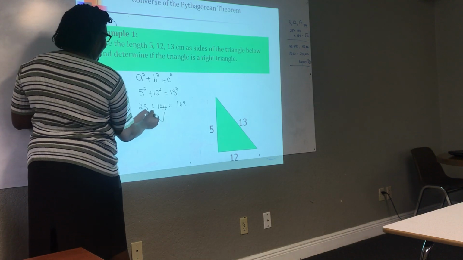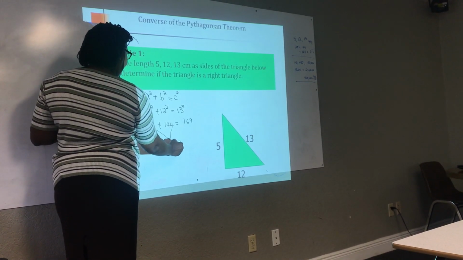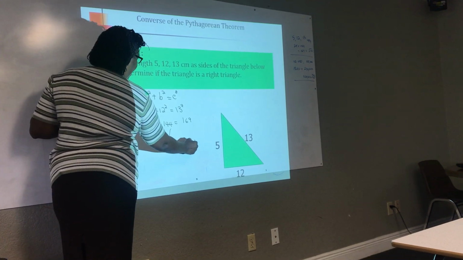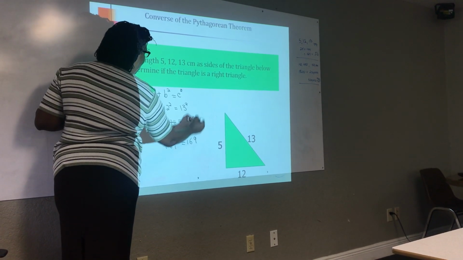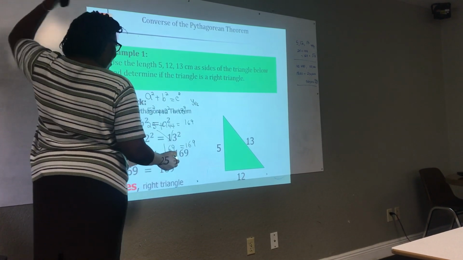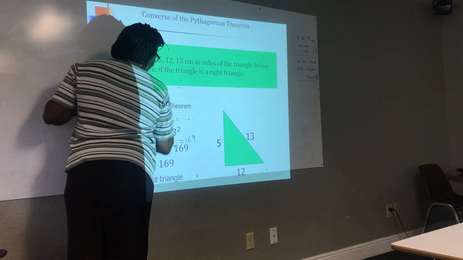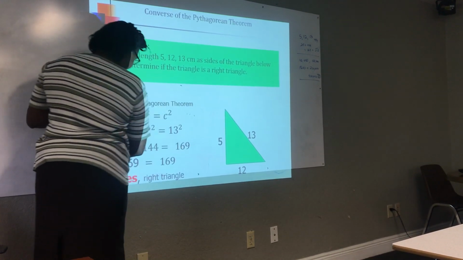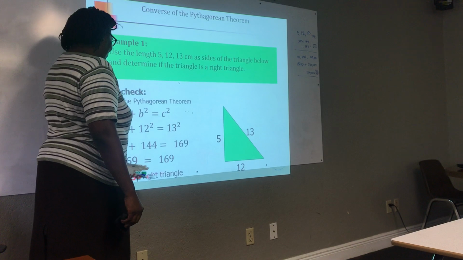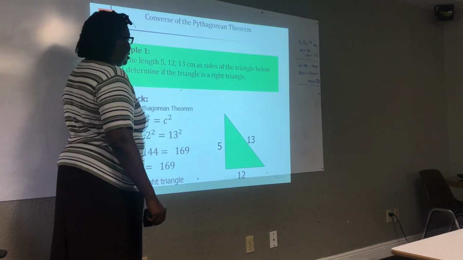So let's add these two and we will get 169 is equal to 169. So yes, this satisfies the Pythagorean theorem. This is a right-angled triangle, because 169 is equal to 169, then it is a right triangle.